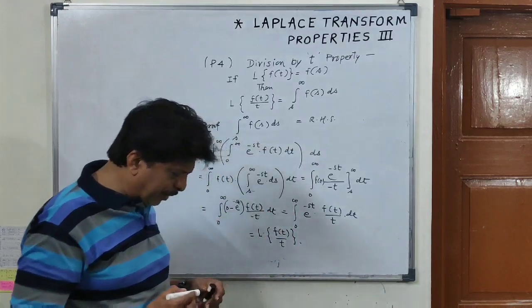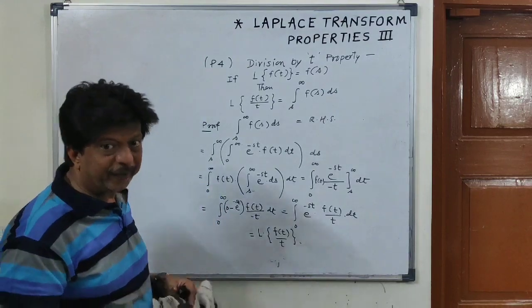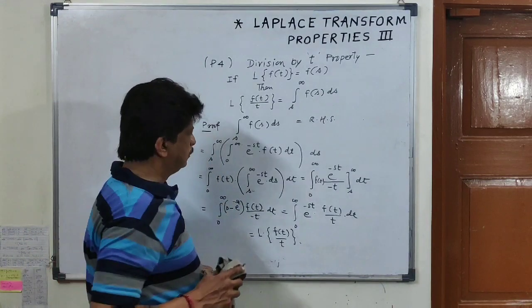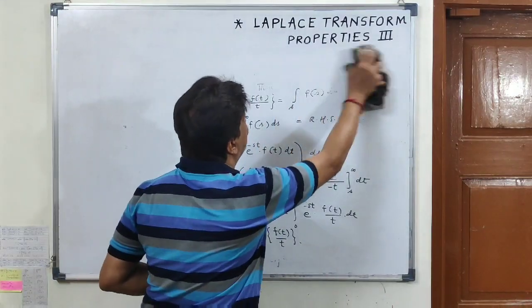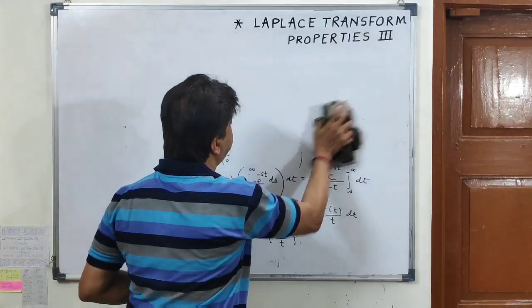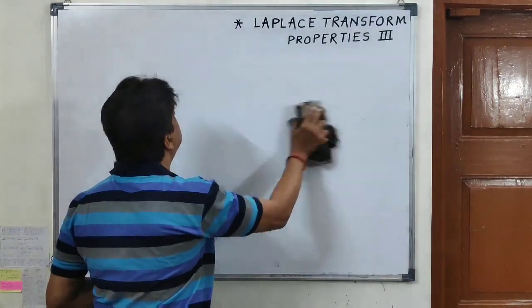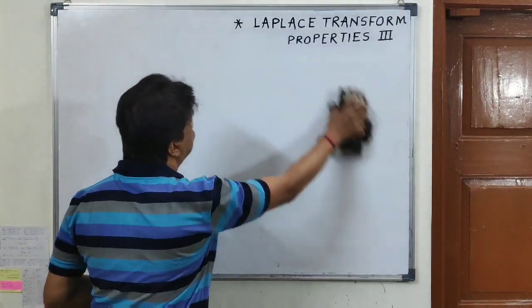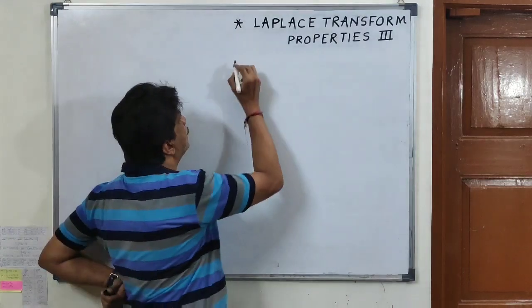From the definition. Now we will be discussing the last property, which is called the change of scale property, P5.